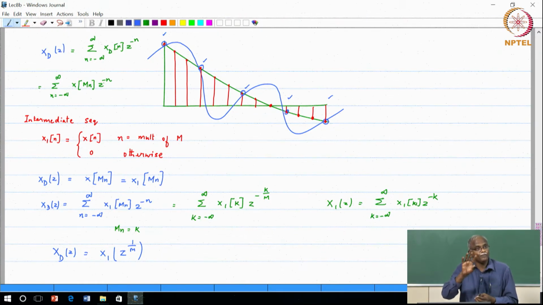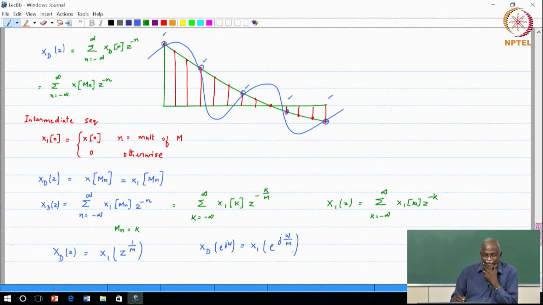Previously we looked at what happens when you have a scaling of L. So if Xd(e^{jω}) is equal to X1(e^{jω/M}), this is where you will see the stretching of the frequencies.